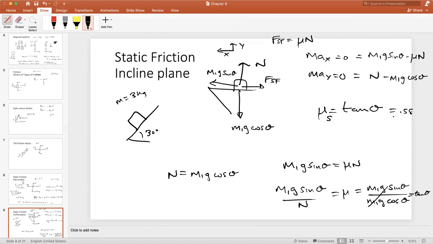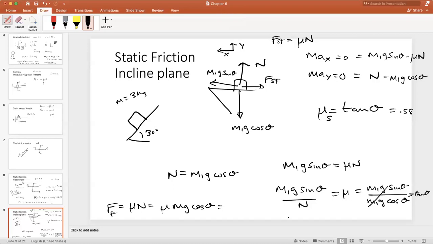And we could figure out things like what's the normal force or what's the force of friction. The force of friction, remember, is mu n. So that's mu times mg cos theta. This is the normal force. So if this was a 3 kilogram block, I would get 0.58 times 3 times 9.81 times cosine of 30.